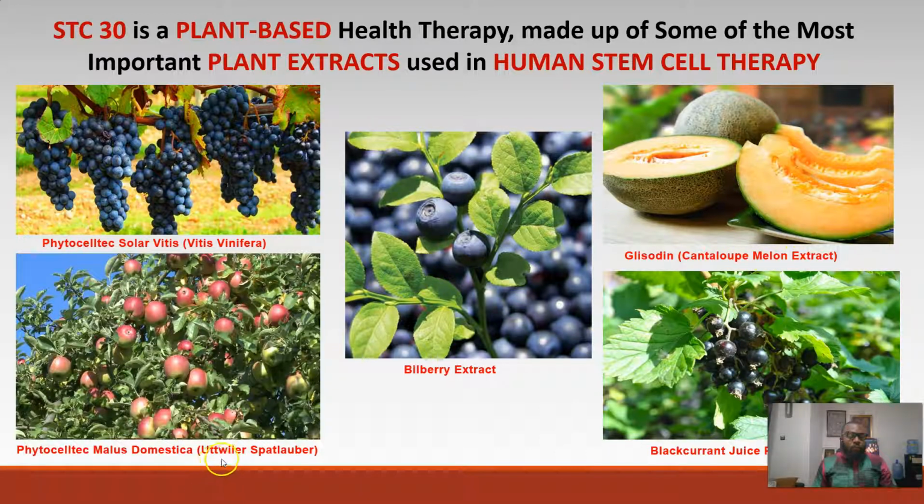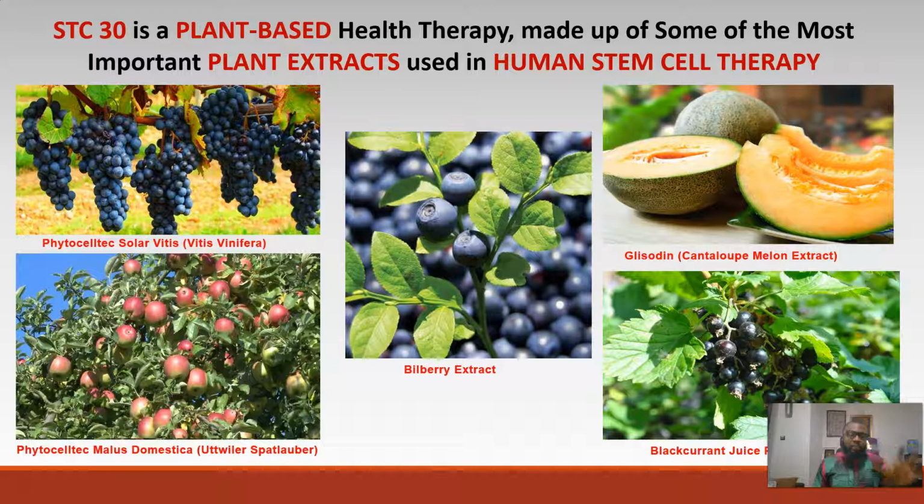It has Utwila spatzlauba, which is gotten from the wonderful miraculous apple from Switzerland, and it has the blackcurrant juice powder.